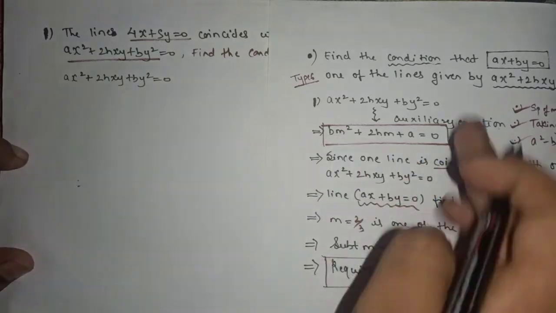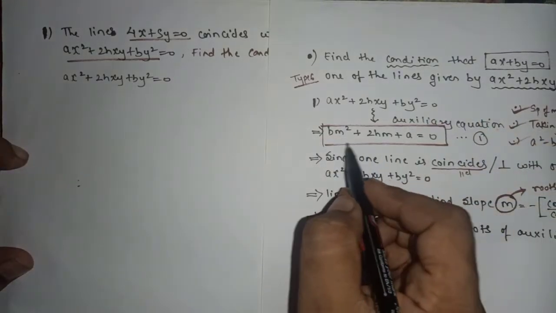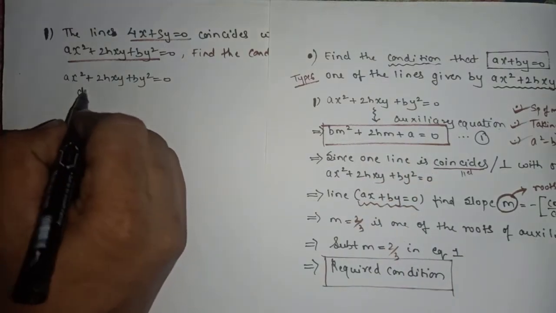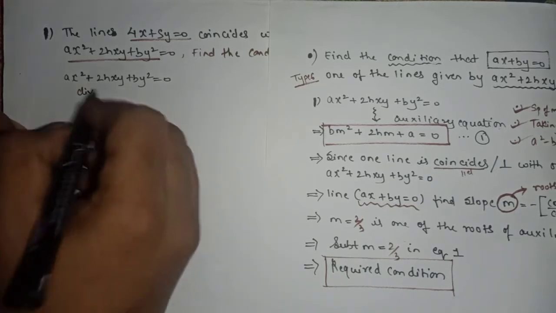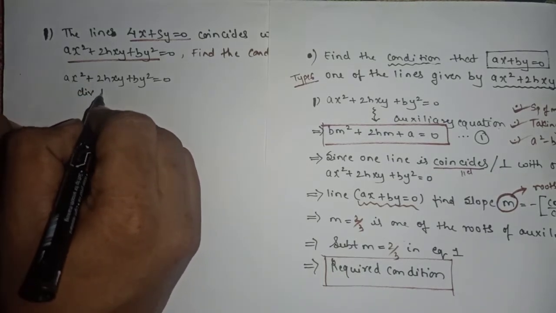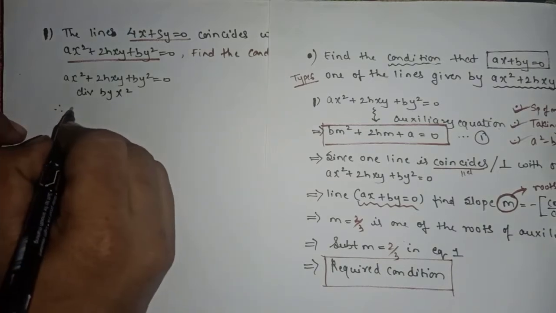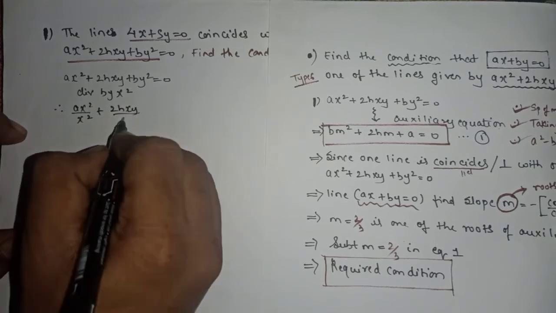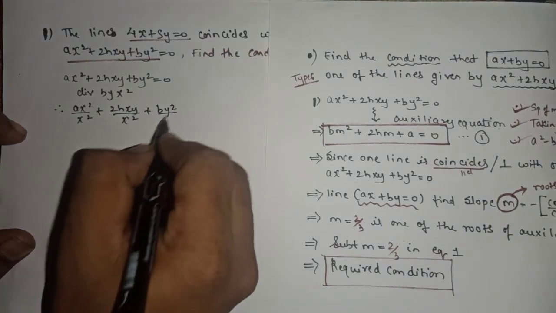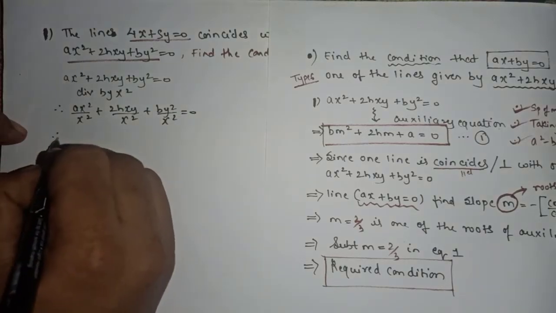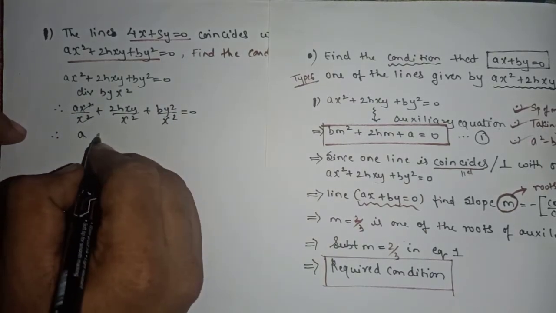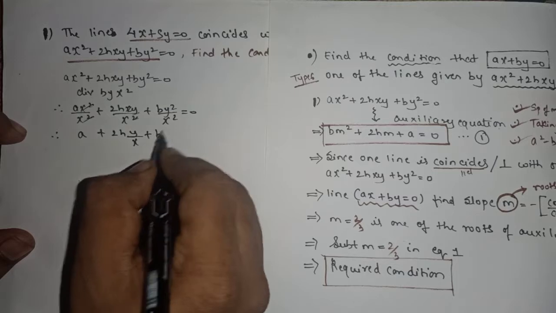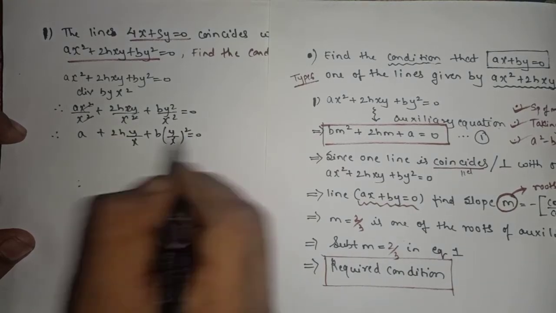Its auxiliary equation will always be in this form: bm square plus 2hm plus a equals to 0, or else you can show the step, dividing by x square. So ax square upon x square plus 2hxy upon x square plus by square upon x square equals to 0. Here x will get cancelled, so we get a plus 2h y by x plus b, y upon x the whole square.